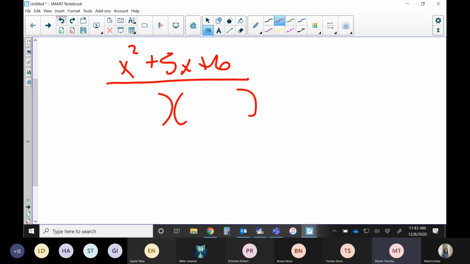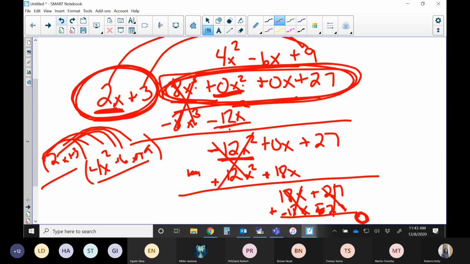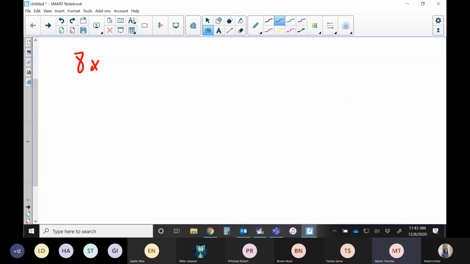is sometimes when you do this division, you end up with a 0, which means this right here has this as a factor. So there's some way that I can change the 8x to the third plus 27.